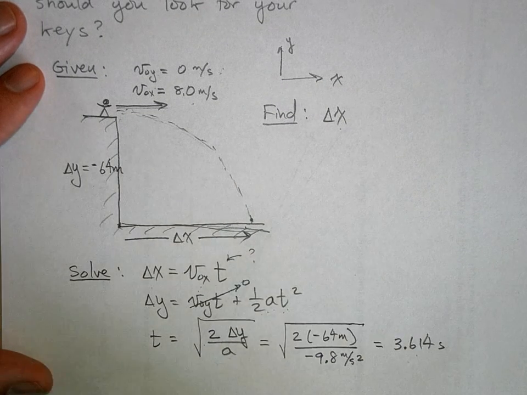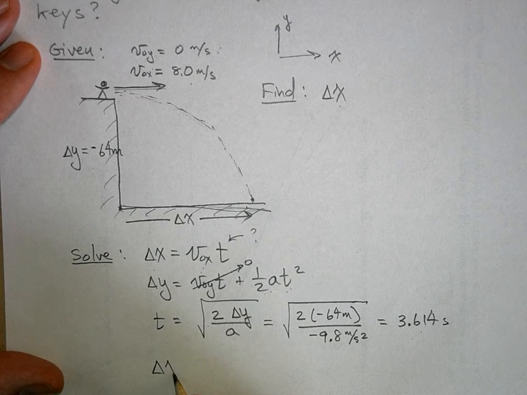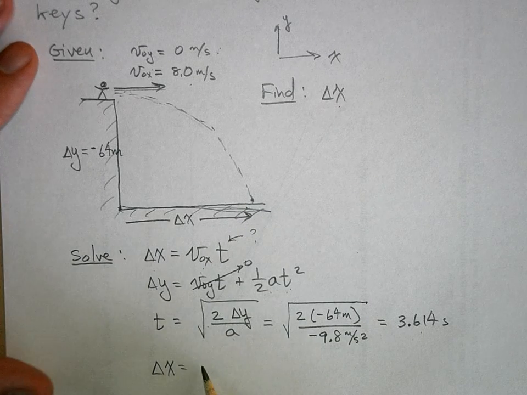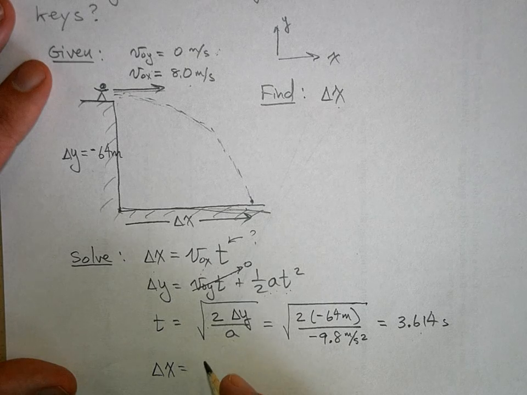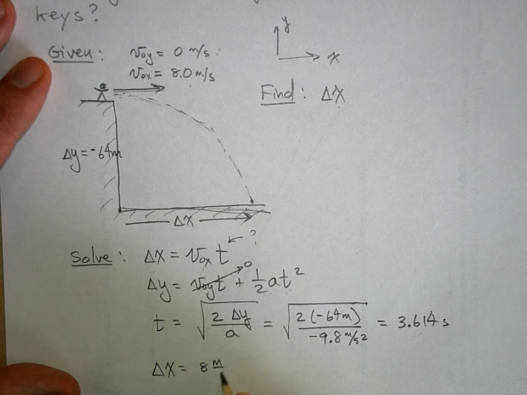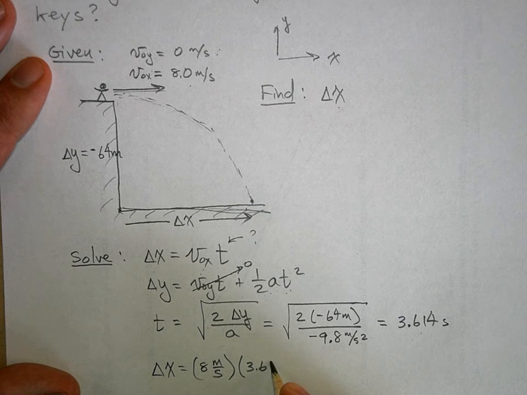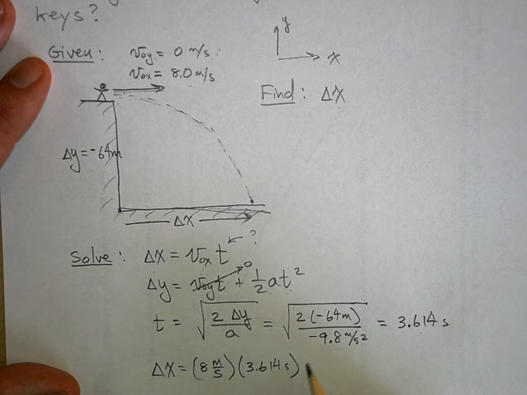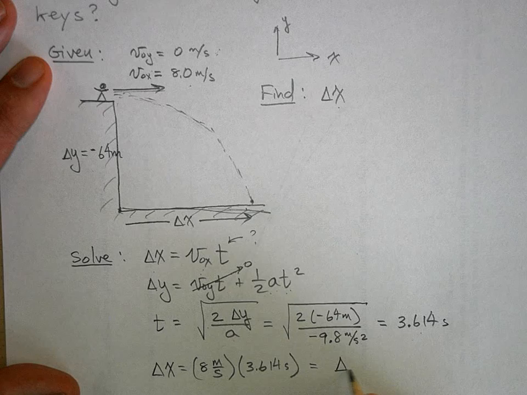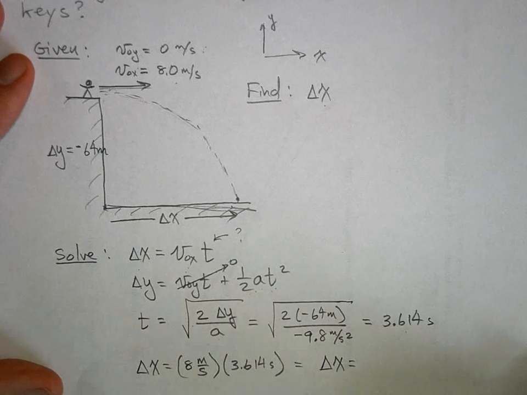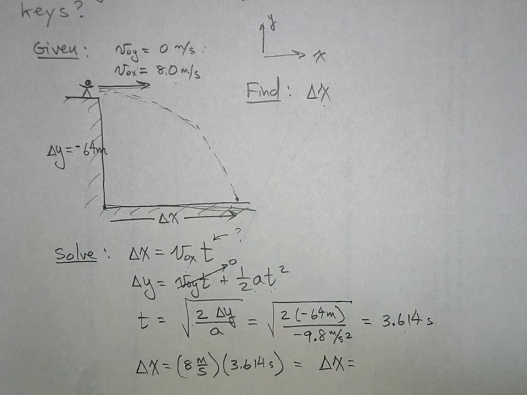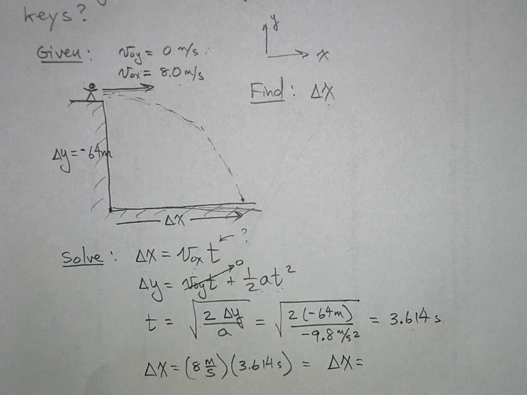Now we're ready to solve for delta x. We know what v naught x is. That's 8 meters per second. And now we know what the time is. And so delta x is equal to 8 times 3.614 equals, and I get 28.9.